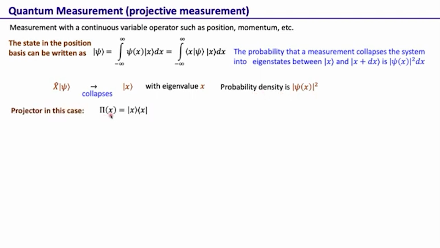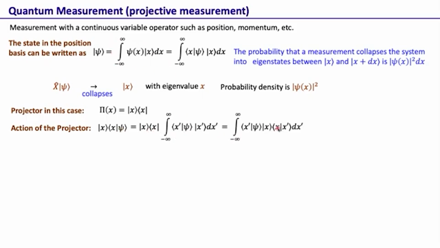Now the projector in this case we can write as Π_x = |x⟩⟨x|. For the action of this projector on the state psi, we write psi in this manner, then we bring this |x⟩⟨x| inside, and this gives us a delta function, δ(x − x′). So this projector acting on psi essentially gives us this |x⟩. Of course, we need to normalize it with respect to this ψ(x). So the |x⟩⟨x| projector acting on psi gives us this eigenstate |x⟩. So that's what this projector actually means.